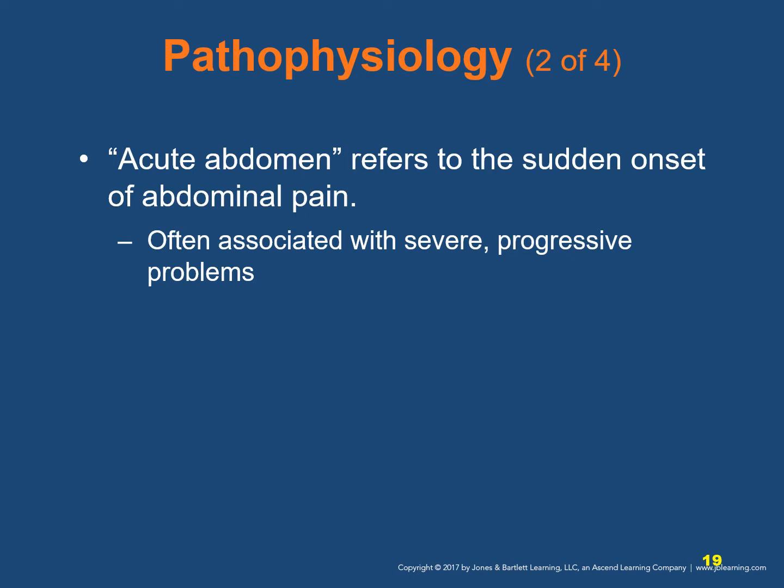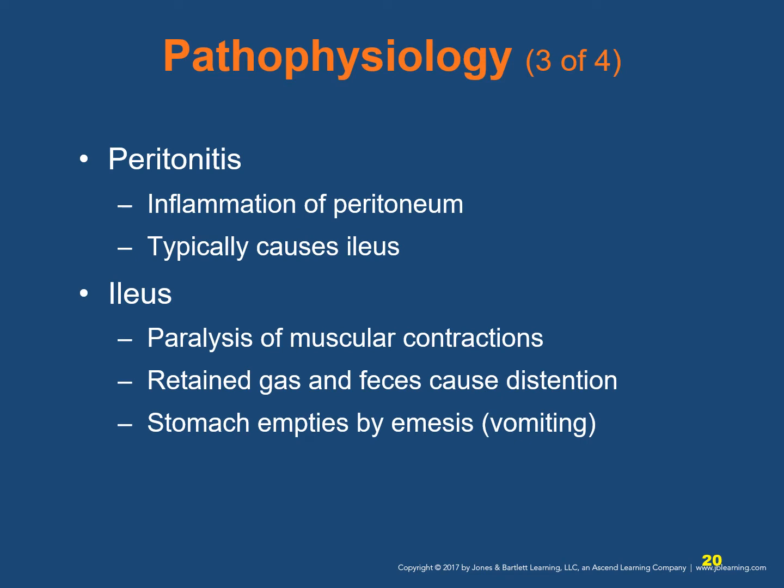Acute abdomen refers to the sudden onset of abdominal pain. It is often associated with severe progressive problems that require medical attention. Peritonitis, or inflammation of the peritoneum, typically causes ileus. Ileus is the paralysis of the muscular contractions, peristalsis, that normally propel material through the intestine.